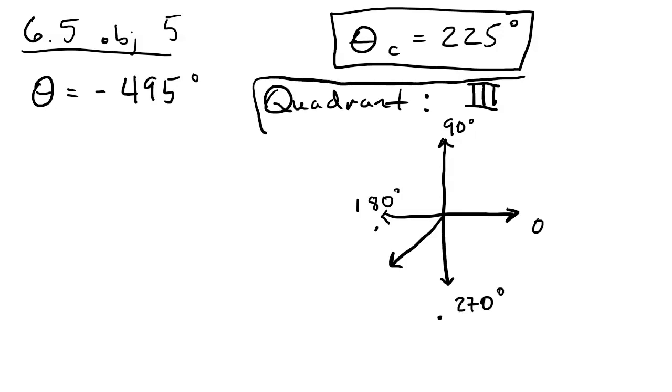Okay. Now, to remind you from the last problem, remember that reference angles are going to be the acute angles formed by the terminal side of an angle and the nearest x-axis. In this case, that angle is going to be right here.